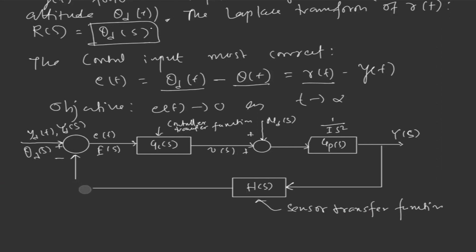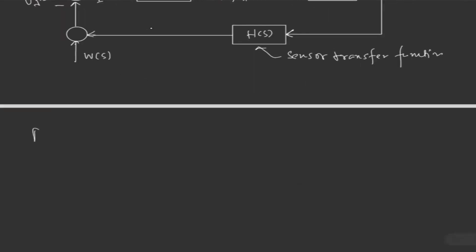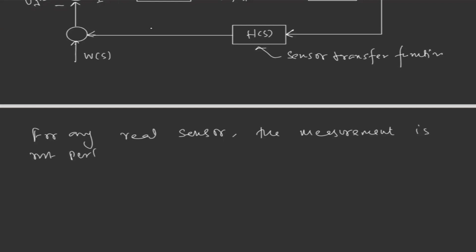So we can have another summing point here, which is basically entering the measurement noise into the system. Let's denote it W(s). So let me write here, what is this actually? For any real sensor, the measurement is not perfect.